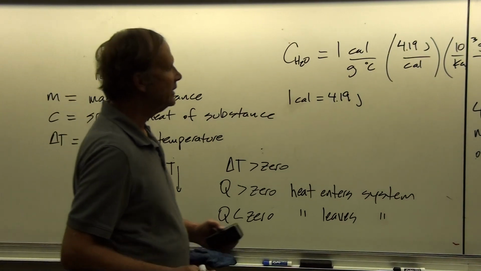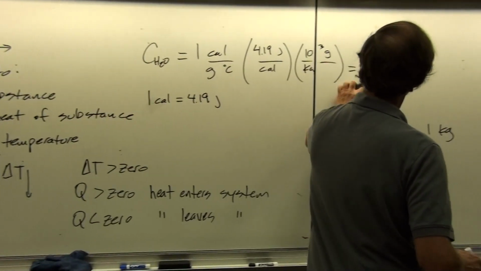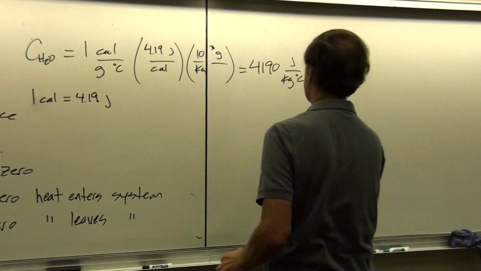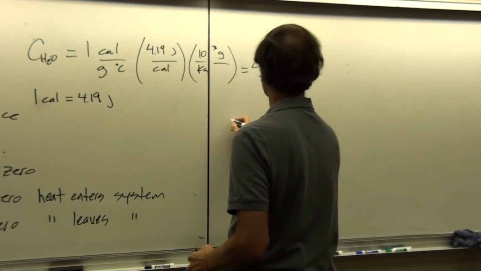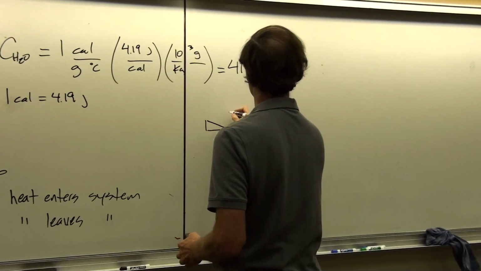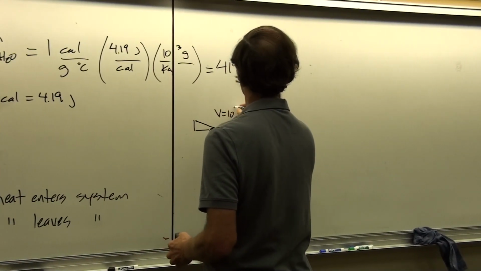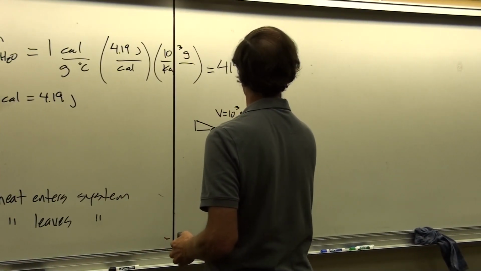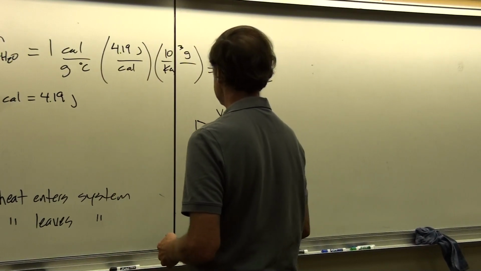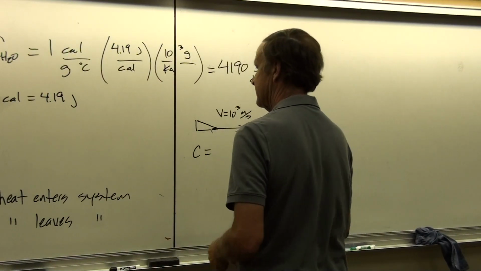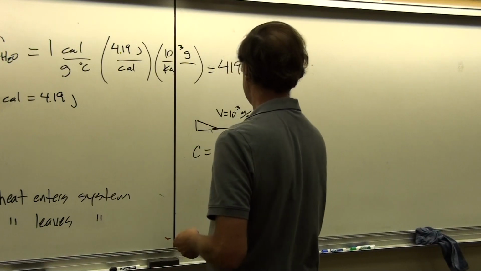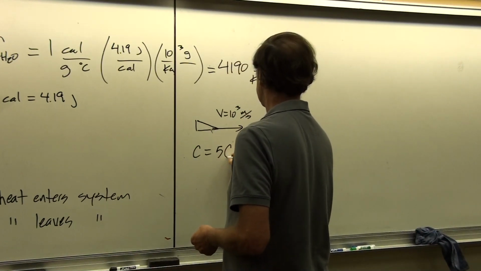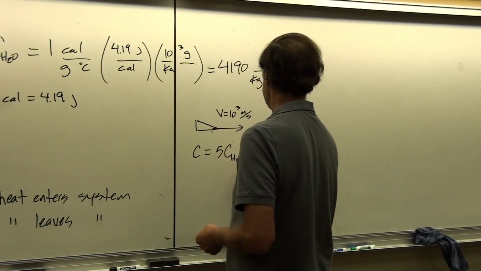And so let's take a look at this with an example. Let's say that we have a bullet, and that bullet moves with a velocity of 10 to the 3 meters per second and has a specific heat equal to, in this case, let's make it 5 times the specific heat for water.